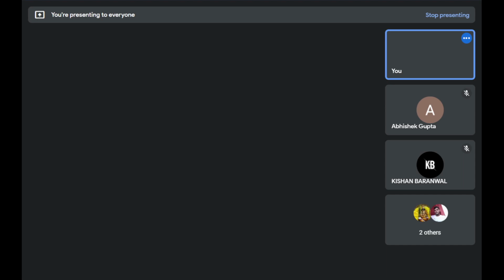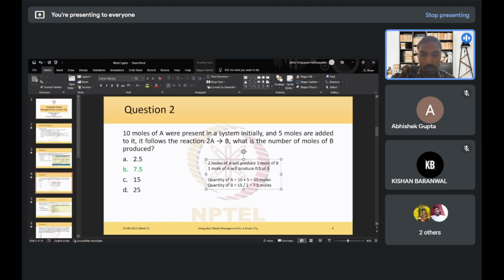So we know 1 mole of A will give half a mole. So 15 moles will give 15 by 2 moles of B, right? So the quantity of B that will be produced will be 15 by 2, which is 7.5 moles, right? So that's how we do it. Any questions?